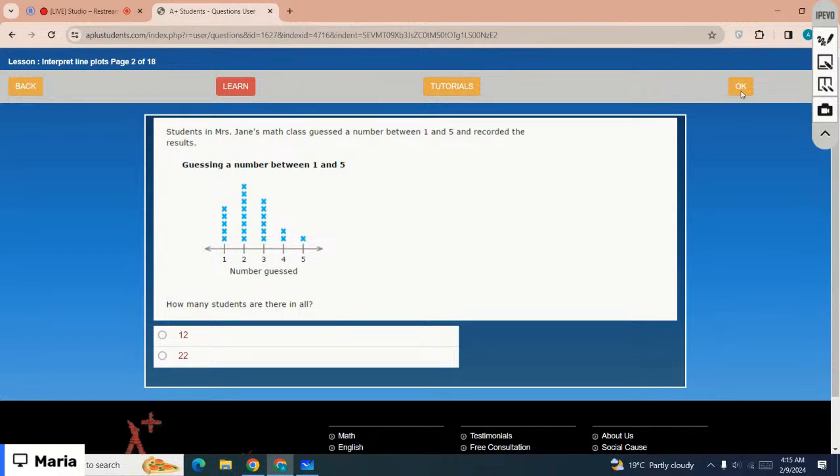So, how many students are there in all? 22 it is, right? The correct option is 22 students in all.